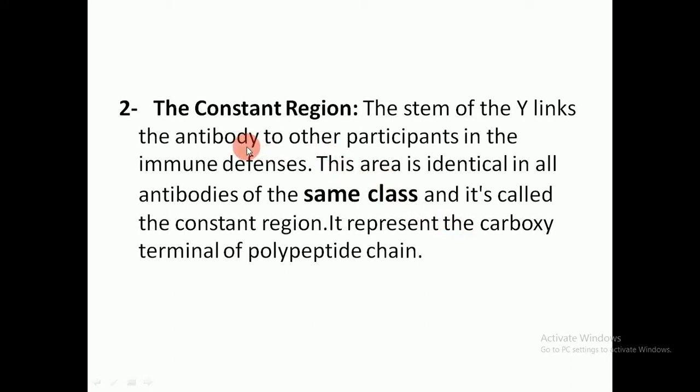The second part of the antibody is the constant region, which is the stem of the Y shape of the antibody. It links the antibody to other participants in the immune defenses. This area is identical in all antibodies of the same class, and it's called the constant region because the amino acid sequence in it is similar and does not change, and it represents the carboxy end of the polypeptide chain.